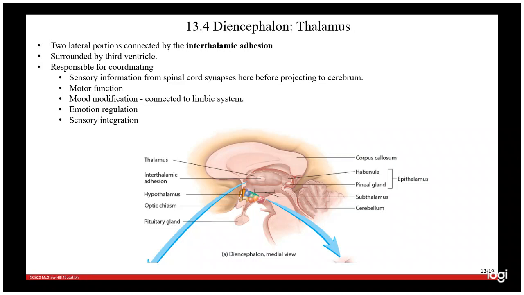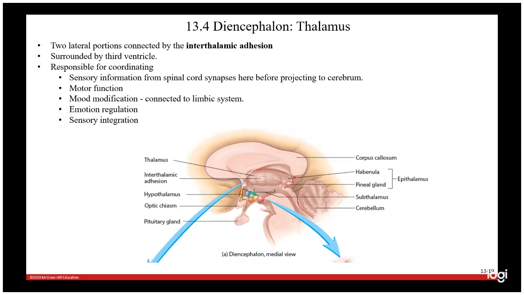All right, the same with the diencephalon, which is also known as the thalamus, which is this small little area right here. You did not really get a good view of this in your lab.